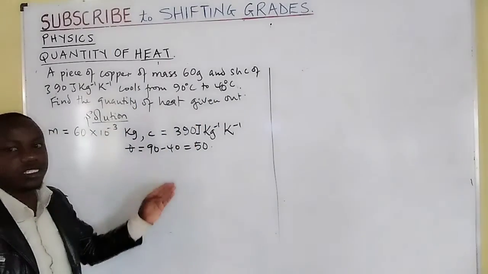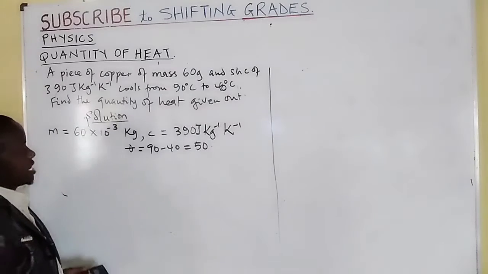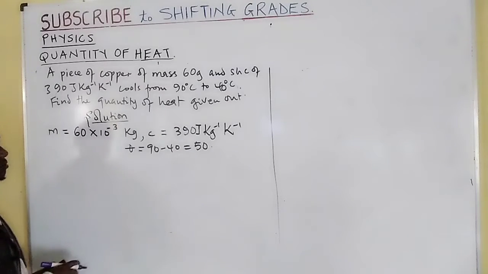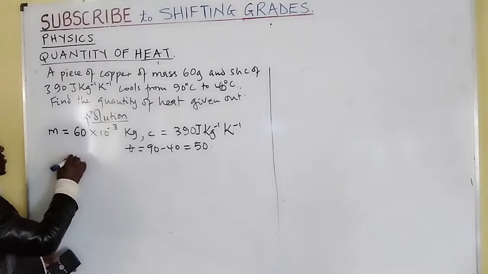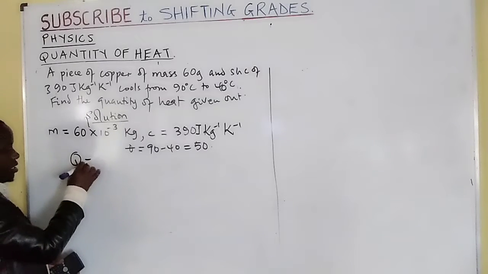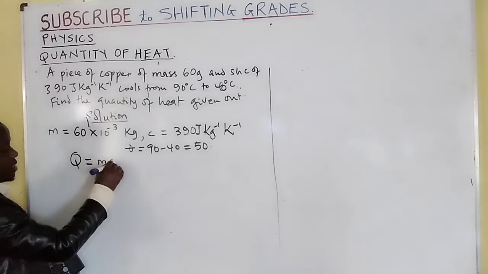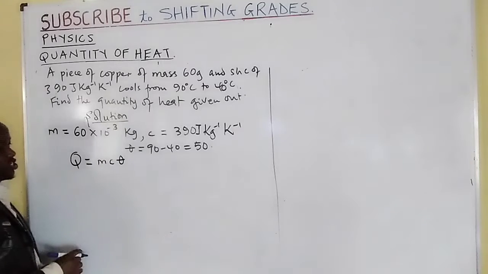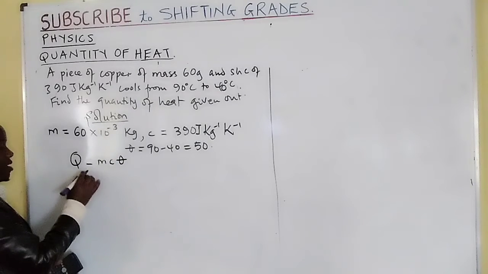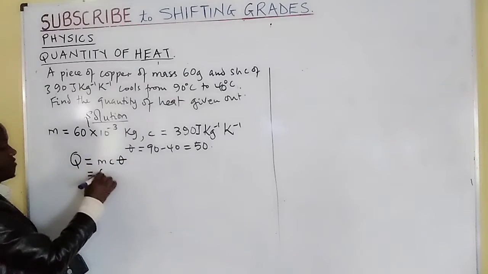Therefore, Q, the quantity of heat, is given by mass times specific heat capacity times change in temperature, according to the formula we just stated. So everything is provided here.